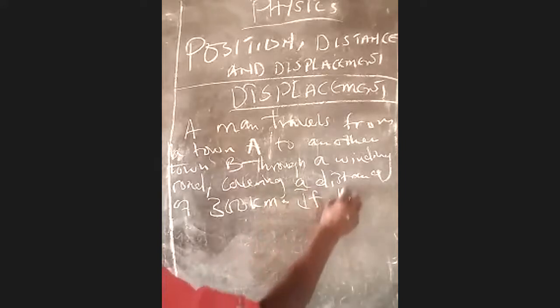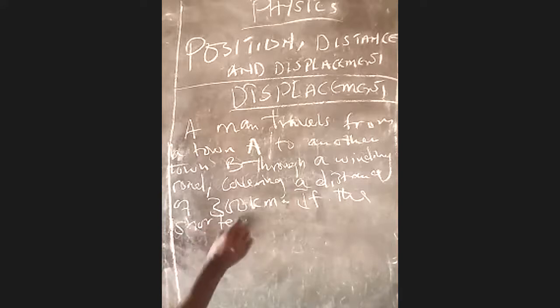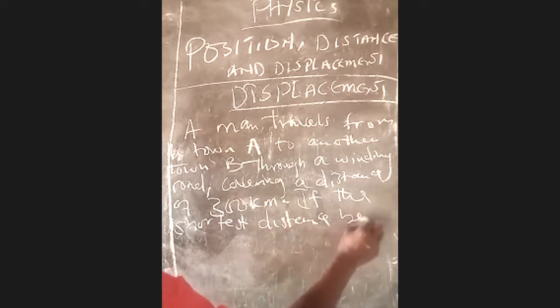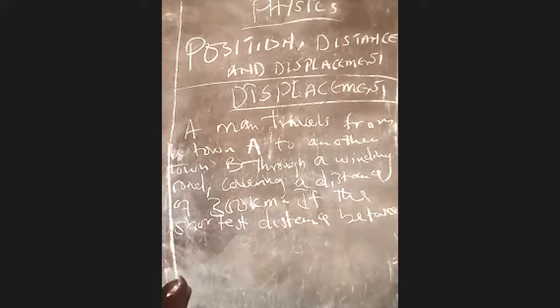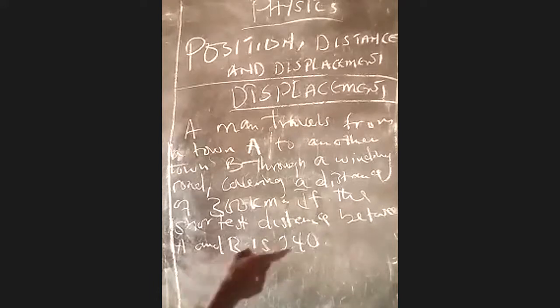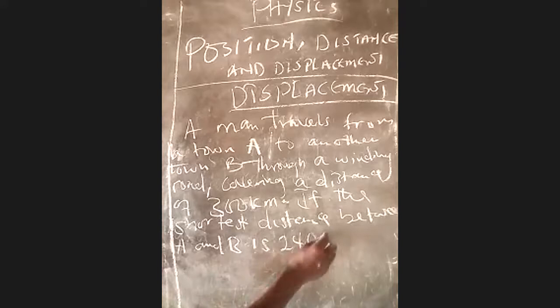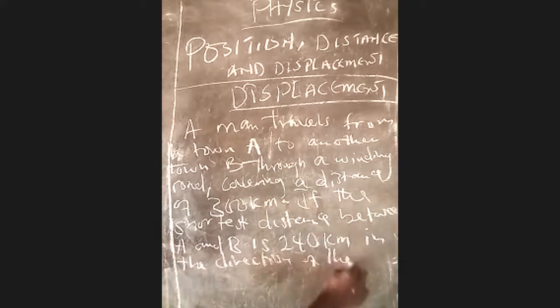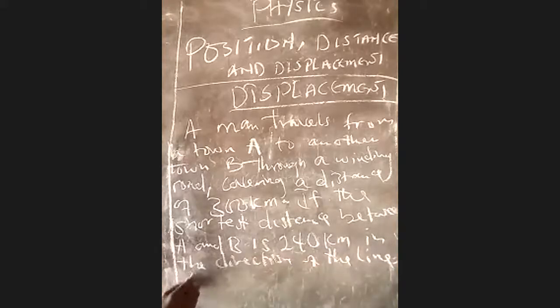Now, if the shortest distance between A and B is 240 kilometers, when you mean A and B, here is where he started the journey and where he is ending the journey, in the direction of the line AB.